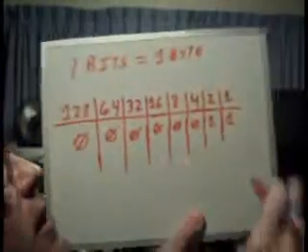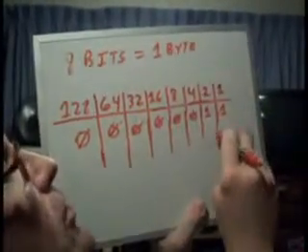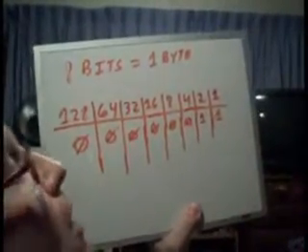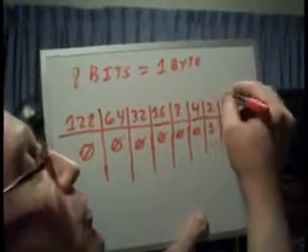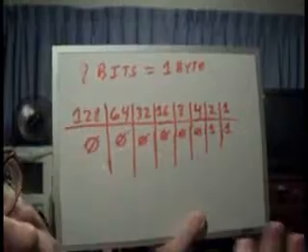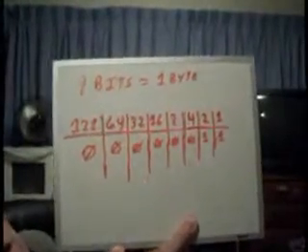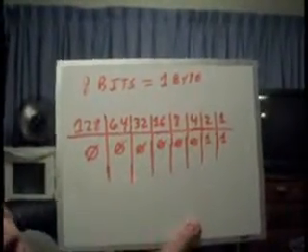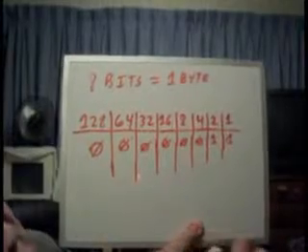Okay. There is electricity flowing through this part of the circuit and this part as well. So what is 2 plus 1? It's 3. And that tells the computer that it is to display the 4th character in the ASCII code.